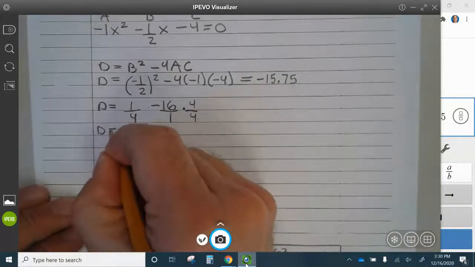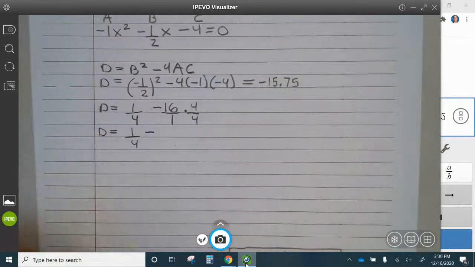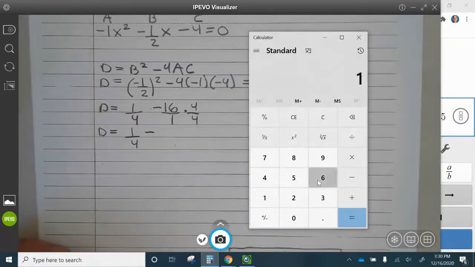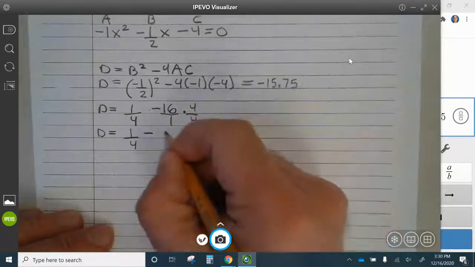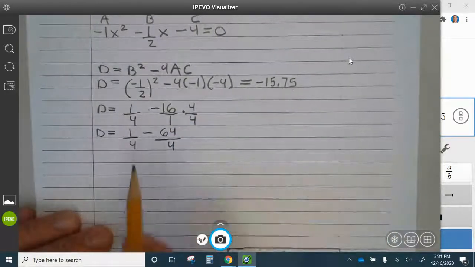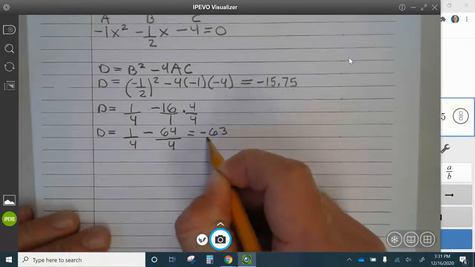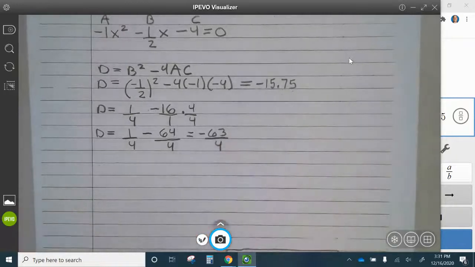So the discriminant is equal to 1/4 minus 16 times 4, which is 64, so minus 64 divided by 4. 1 minus 64 is negative 63 divided by 4.